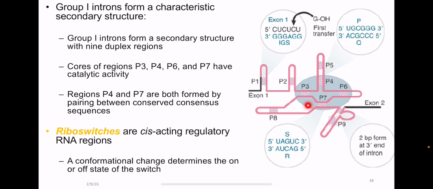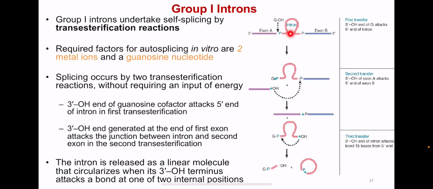But when they fold, P3, P4, P6, and P7 come together to form the catalytic center, and that can induce the cutting of the introns. So when the splicing started, the intron had folded already, but in the normal splicing, the introns were straight.